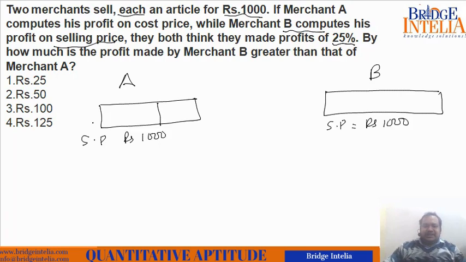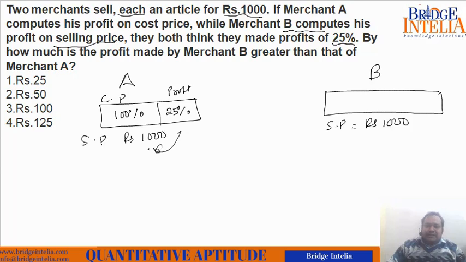So he thinks that I invested 100% and because of that I gained 25%. So cost price and profit. This is the total amount, 1000. So cost price plus additional profit. So what is the profit?